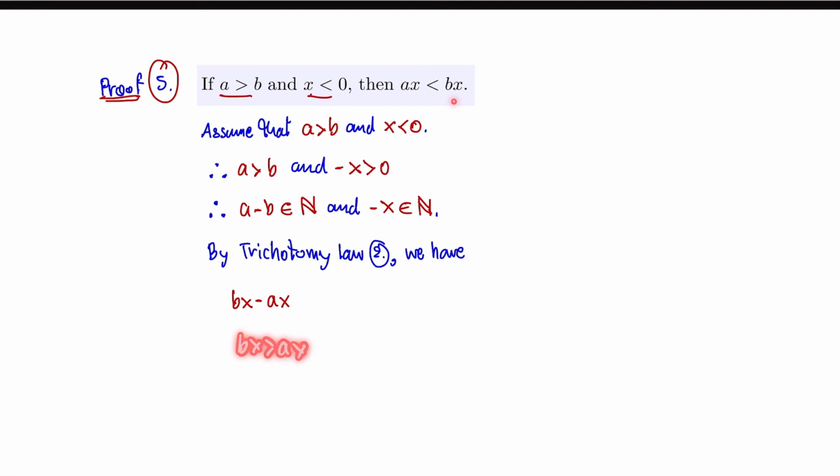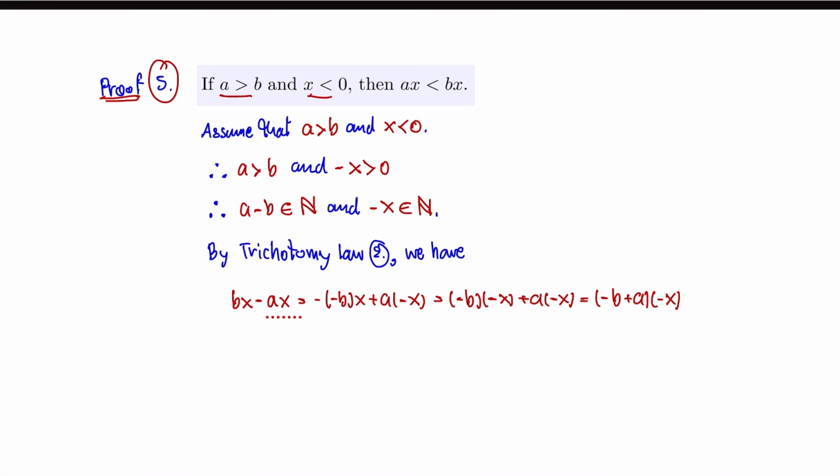Okay, and then we're going to have minus bx plus a times minus x, and then minus b times minus x plus a times minus x. Then we have minus b plus a times minus x.